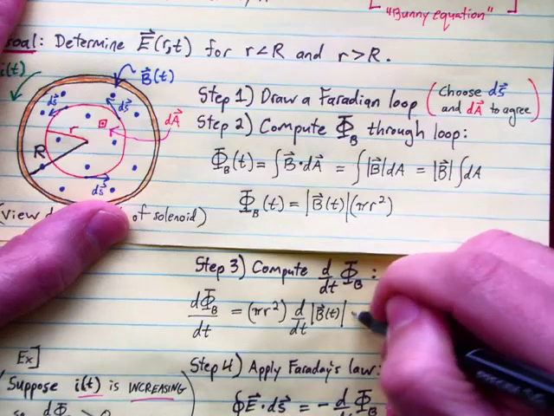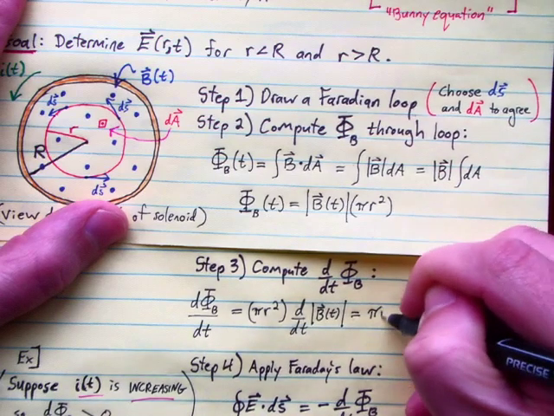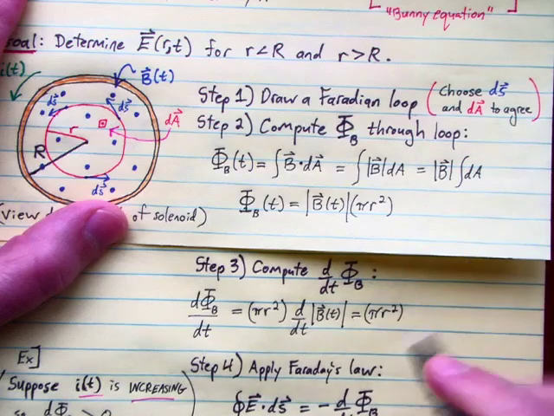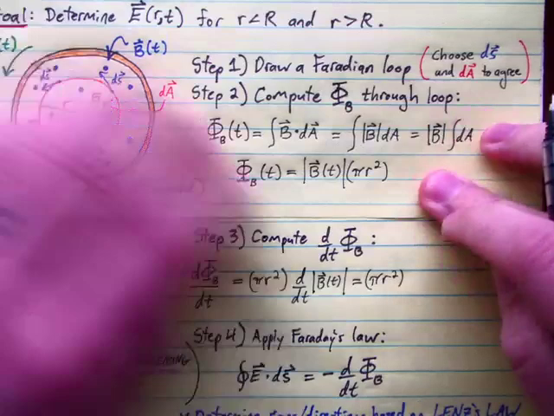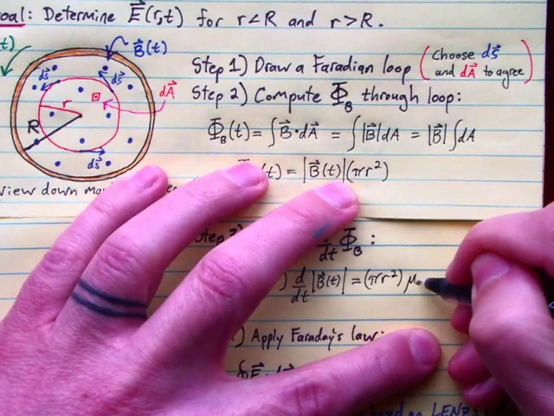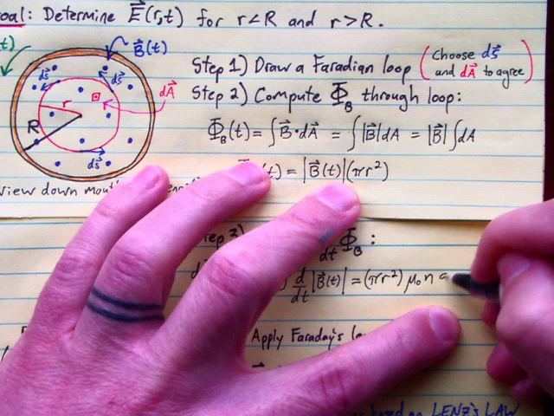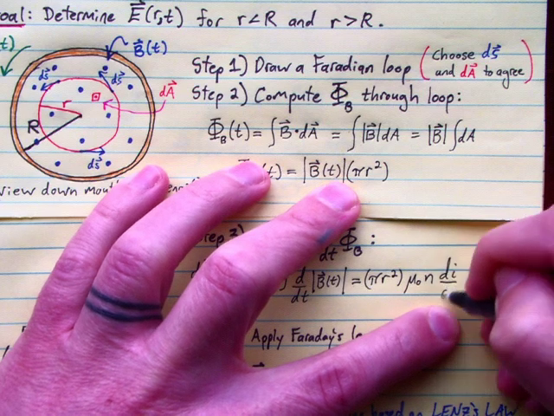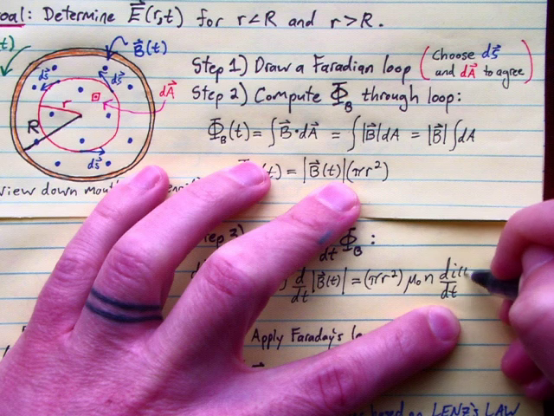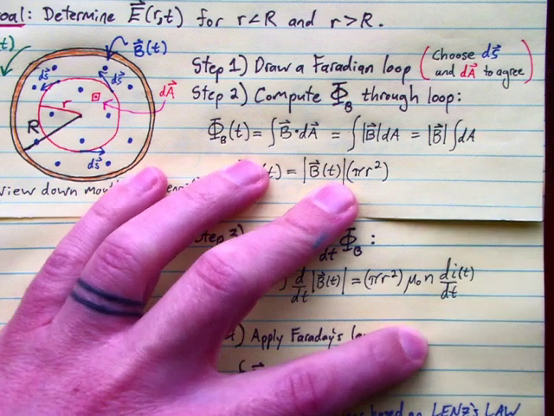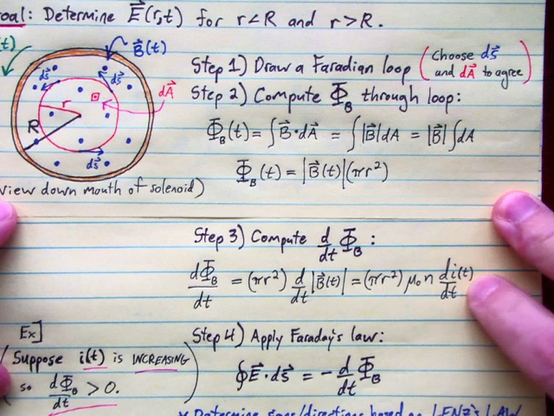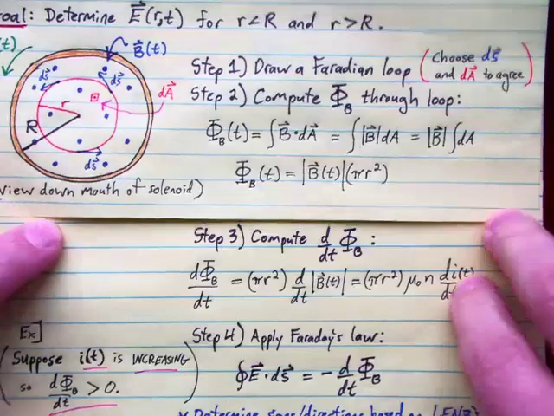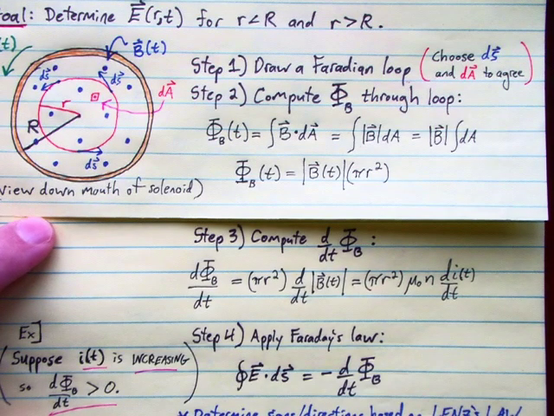So we could also go on to write this as pi little r squared, the area bounded by our Faradian loop, times mu naught times n, the turn density, times di dt, the time derivative of our time variable current. So as our current changes with time, we're going to get a changing flux here.